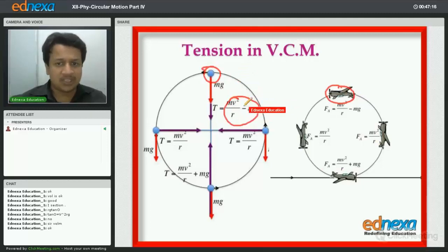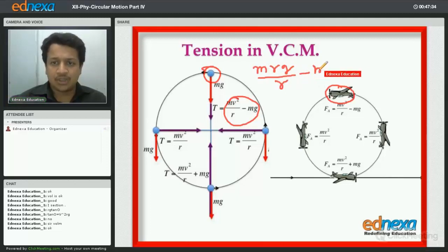This is the formula we discussed: mv square upon r minus mg. But what is the value of v at the topmost point? Yes, it is root rg. So root rg square is rg. So m into rg divided by r minus mg, r and r cancel, mg minus mg. What is the answer? 0.